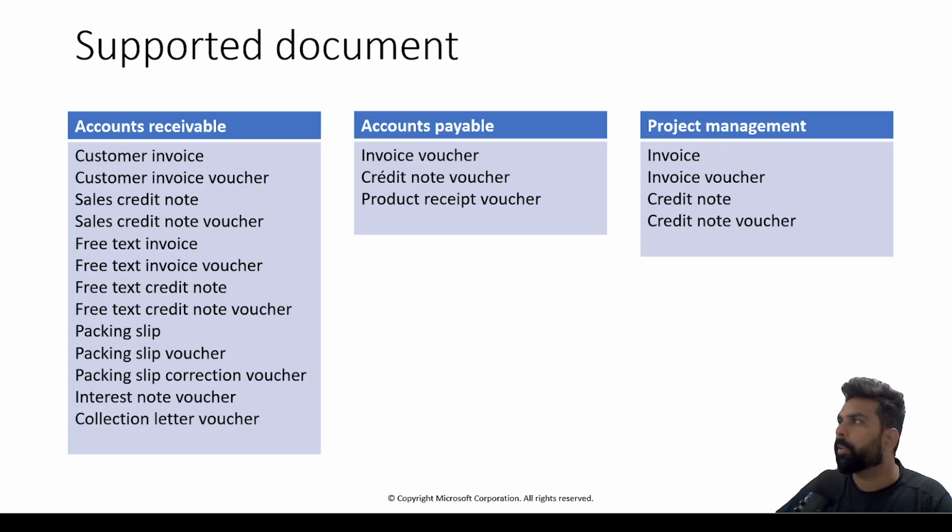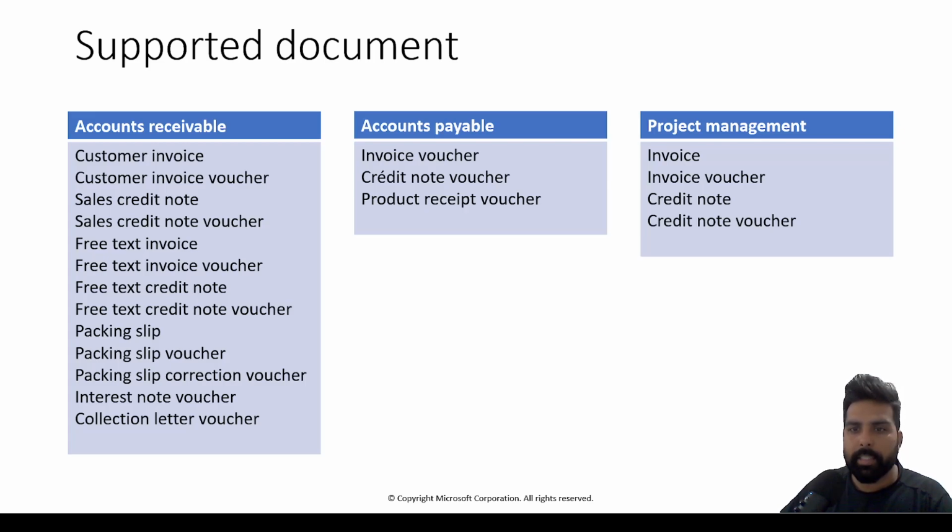So these are the documents for which we can define the chronological order based on month or year depending on your requirement. And in accounts payable we have a couple of number sequences like invoice voucher. So when we post the purchase order invoice, there is also an invoice voucher which gets generated, a credit note voucher. And why don't we have the invoice number for the supplier? Because that is not in our control. That number is generated by the supplier, so we have to capture it as it is.